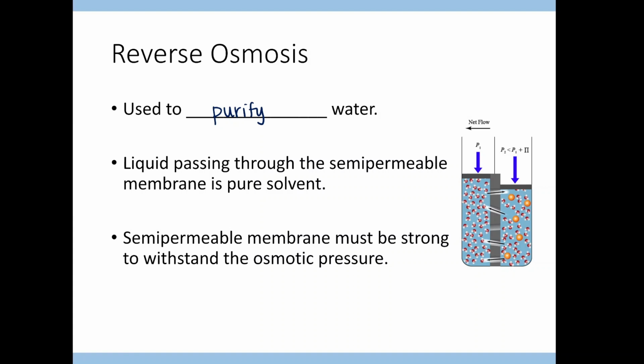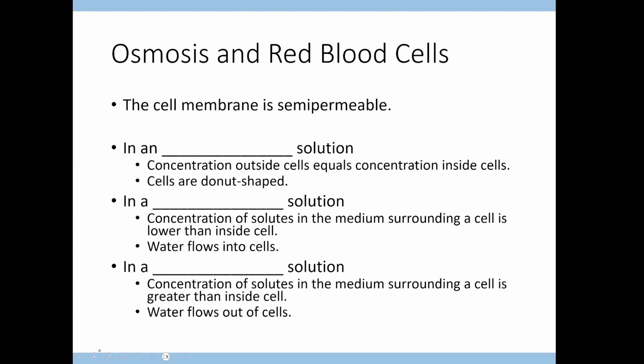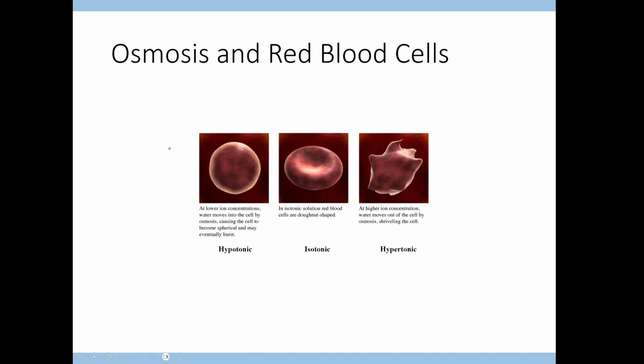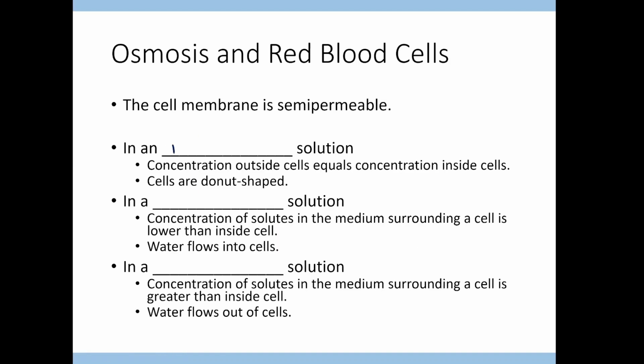Another example of a semi-permeable membrane, which you may have heard of, is the cell membrane. So cell membranes are semi-permeable, and we'll talk specifically about red blood cells. For a red blood cell in an isotonic solution, note that iso means same.